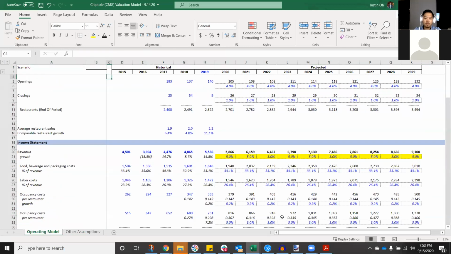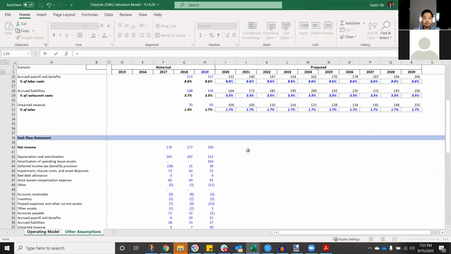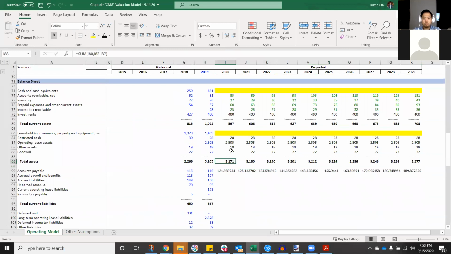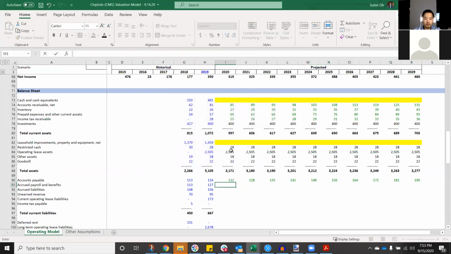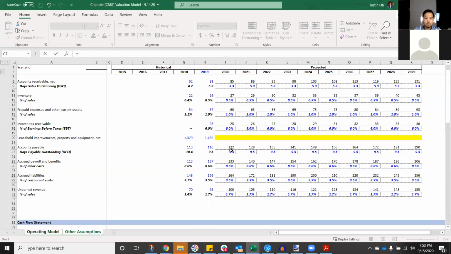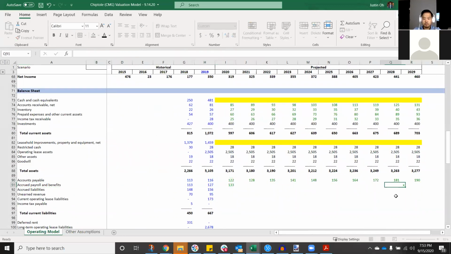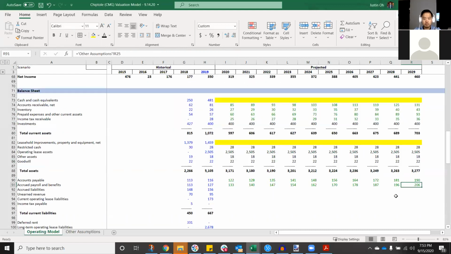So we're back. I'm flipping back to the operating model. Let's just fill in the accounts payable part. Accounts payable, we have this. Accrued payroll and benefits. Accrued liabilities.